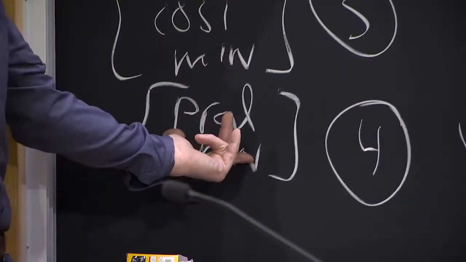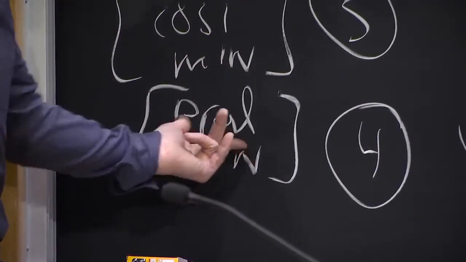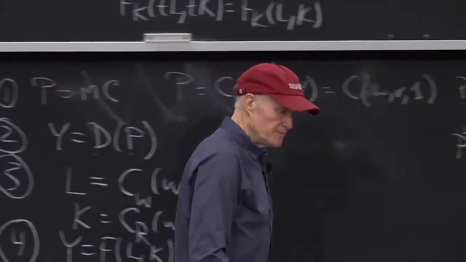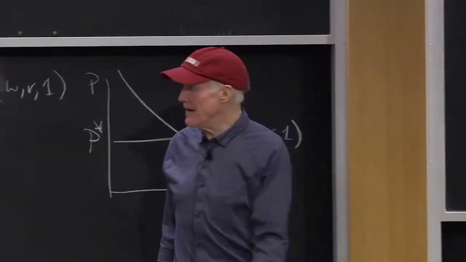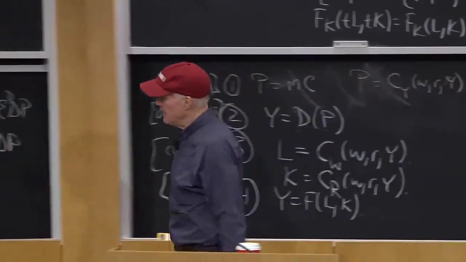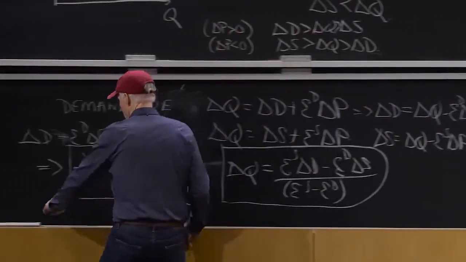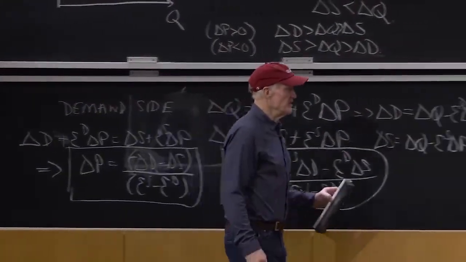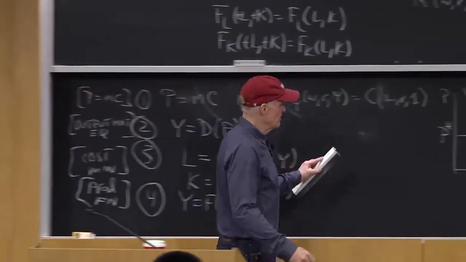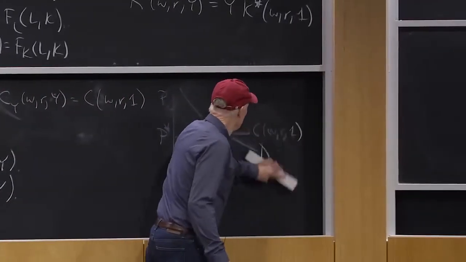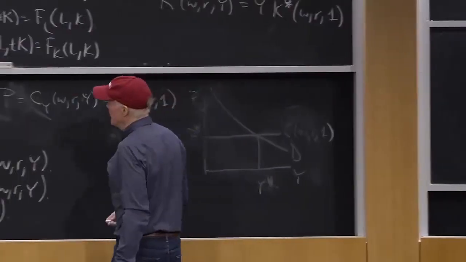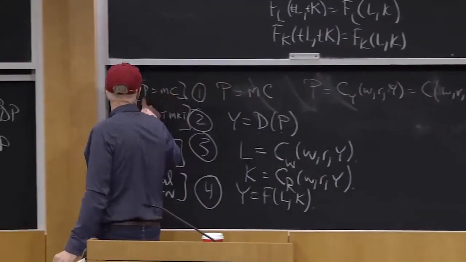And I got to satisfy my production function. All right. So let's think about what each of these mean in terms of percentage changes in the variables of interest. Okay? All right. So let's think about perturbing this equation.